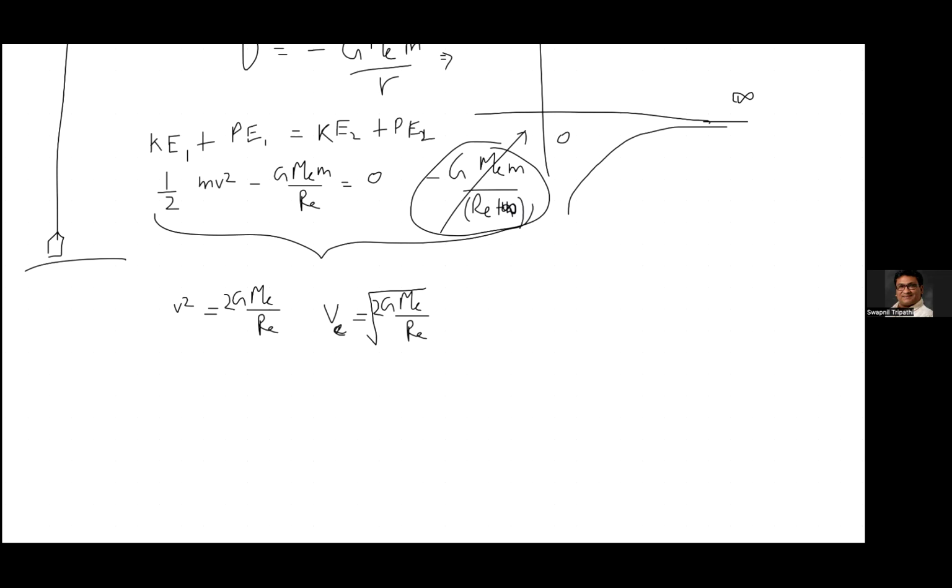And this is the escape velocity from the surface of Earth. It is about 11.2 kilometers per second. We haven't found a way to shoot something with such a speed that it can just escape the orbit of the Earth.